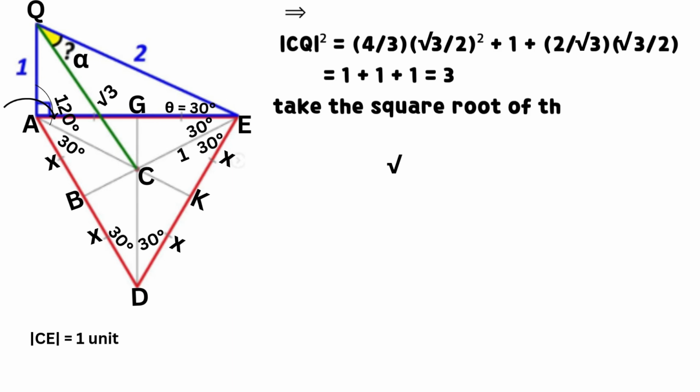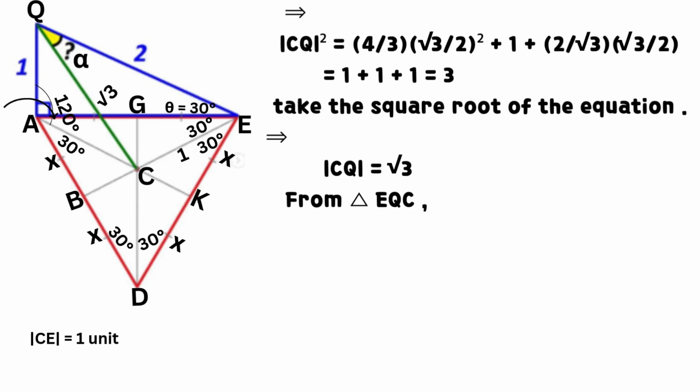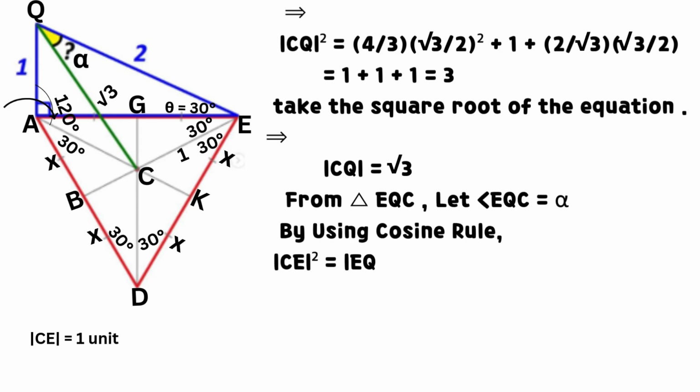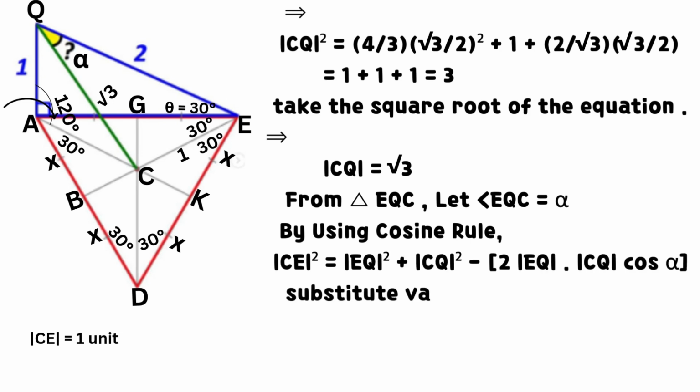The square of line CQ equals the sum of 1 and 1 plus 1, which equals 3. After simplification of substituted values, take the square root of the equation. It signifies that line CQ equals the square root of 3.